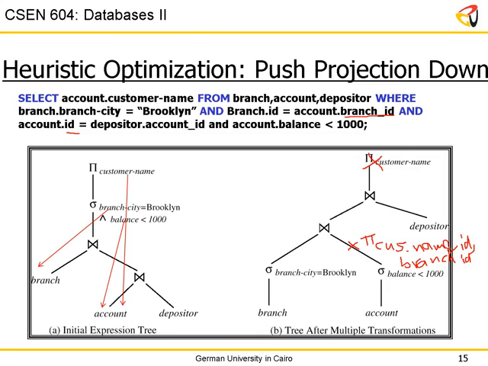So instead of having to keep all the 15 columns, now I will only keep 3 columns, and I don't need the other 12. So pushing projection down does not necessarily, and actually in almost all cases will not, save you hard disk access, but it will save you memory.